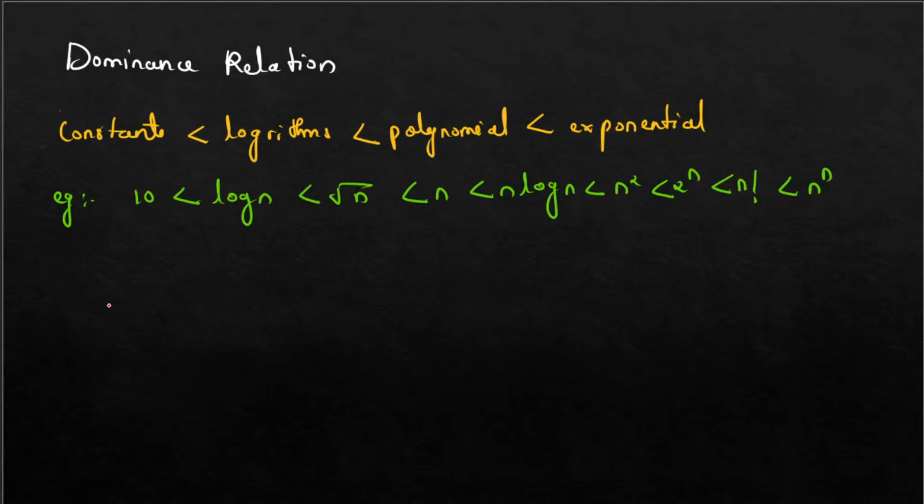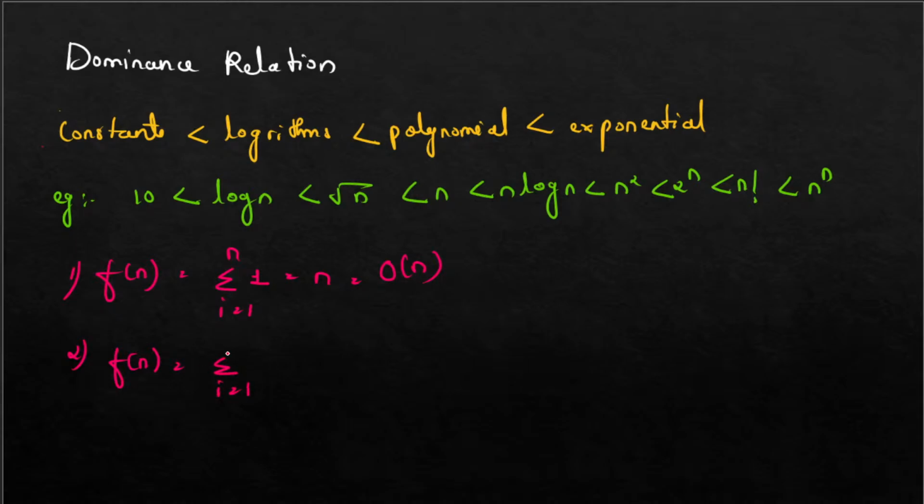Now let's see f of n. If the sum of 1 for i equals 1 to n, the value will be n and this is big O of n. Second, f of n is the sum of n for i equals 1 to n, so what will it be? n square, right?